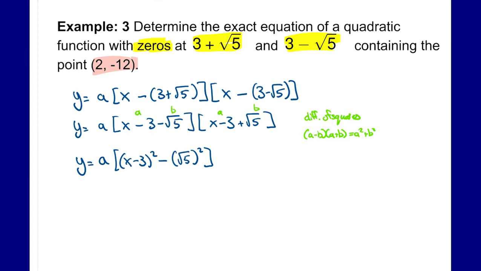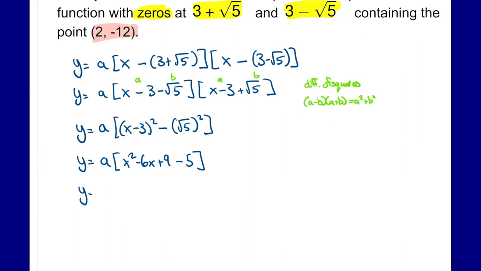I can simplify this now. y equals a[x squared minus 6x plus 9 minus 5]. y equals a[x squared minus 6x plus 4]. So a lot of work to get down to this endpoint where it's all simplified.